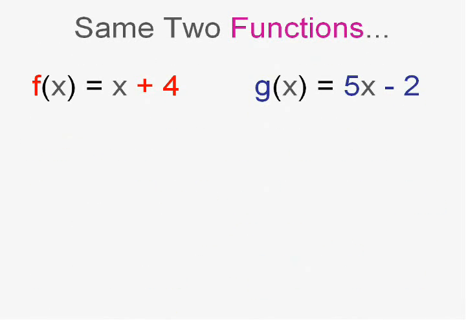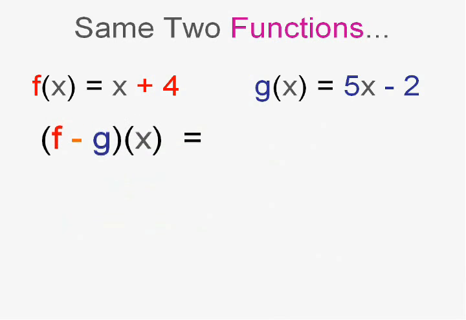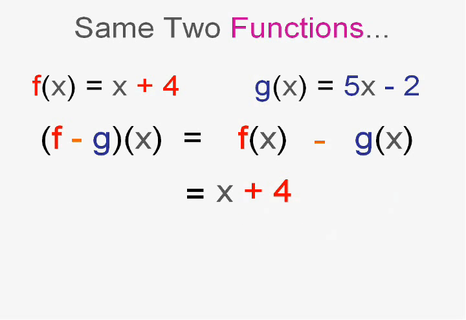Now let's take the same two functions and predict what f minus g of x would be. f minus g of x would simply be f of x minus g of x, or x plus 4 minus, now be careful, we have to subtract the whole g of x.